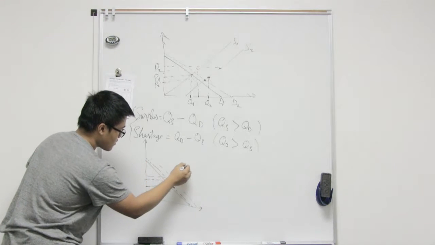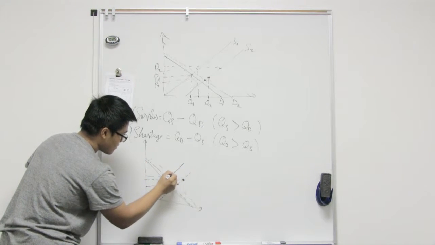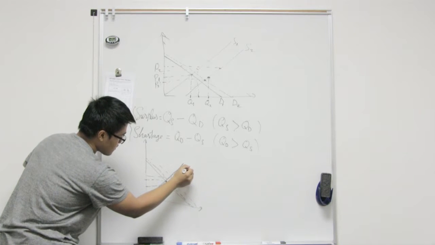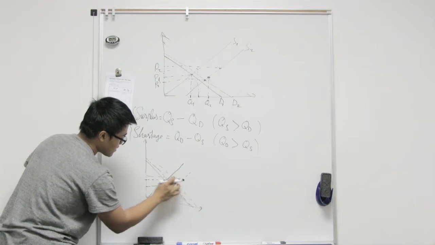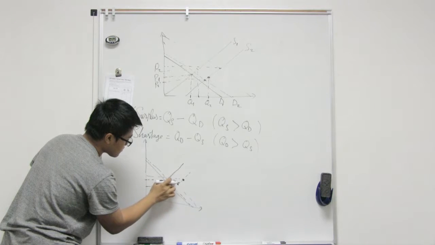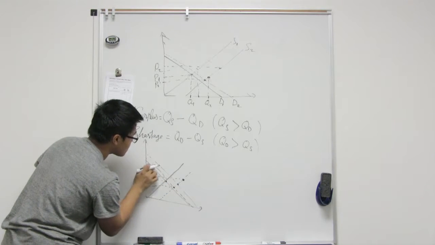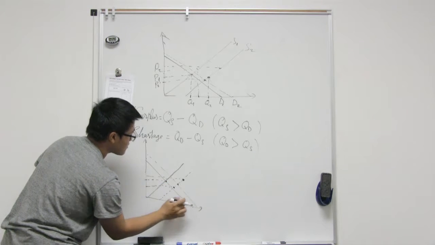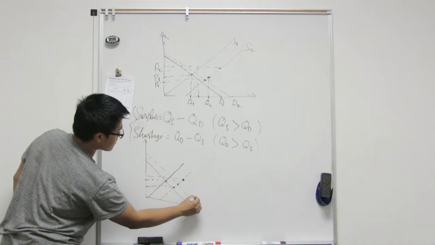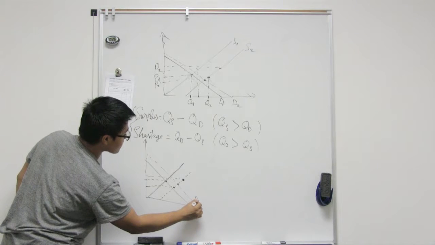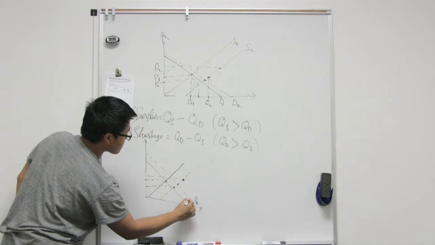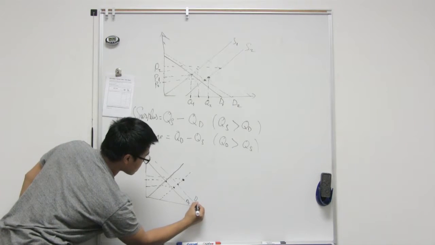Let's say that's how the demand shifts. This is D2, the demand curve after its shift, and this is D1.